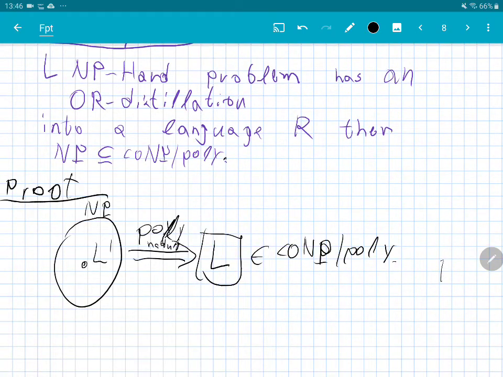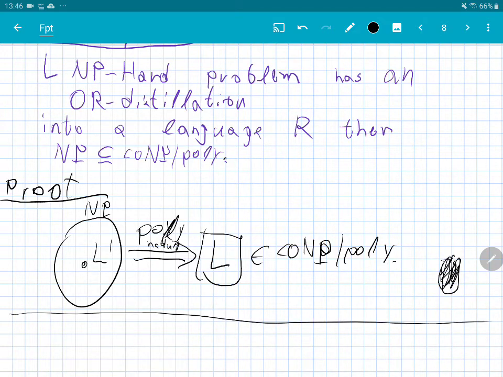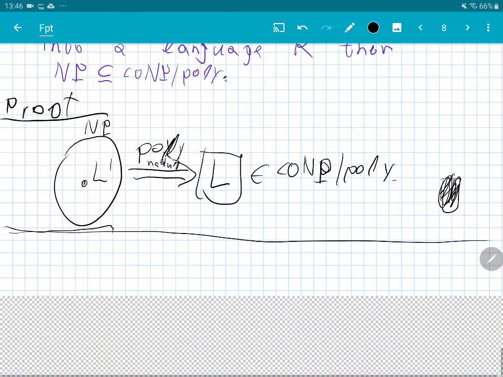End of proof. And again, there is this really bizarre thing here where the OR distillation is to this language. We don't even have to be decidable, which is really kind of bizarre, right? It really says being able to do this bizarre compression is extremely unlikely.